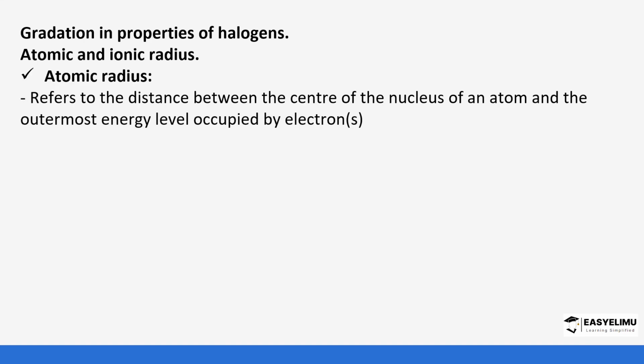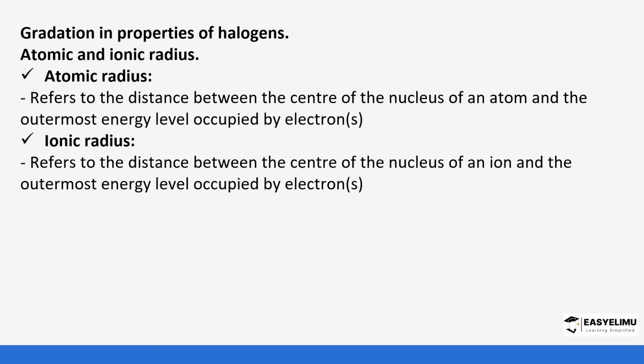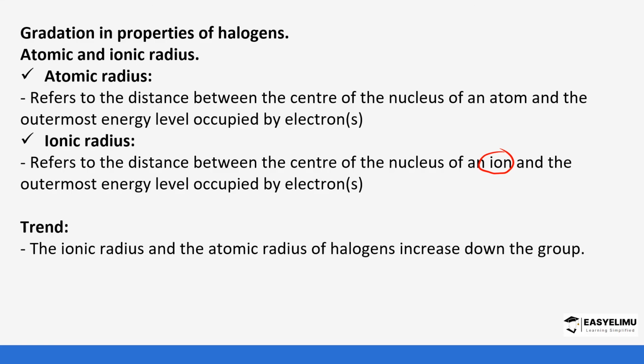The atomic radius, we defined as the distance between the center of the nucleus of an atom and the outermost energy level occupied by electrons, while the ionic radius is the distance between the center of the nucleus of an ion, note it's an ion, and the outermost energy level occupied by electrons. This is going to be a bit different from the last two groups that we were talking about. The ionic radius and atomic radius increase down the group.